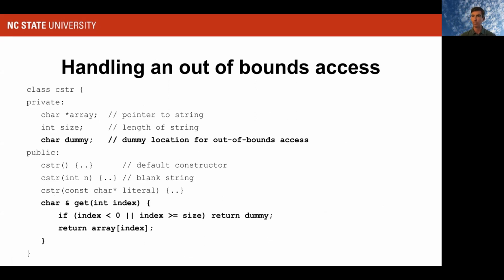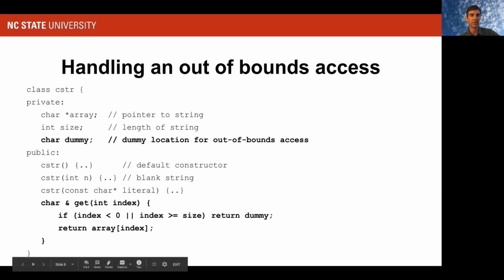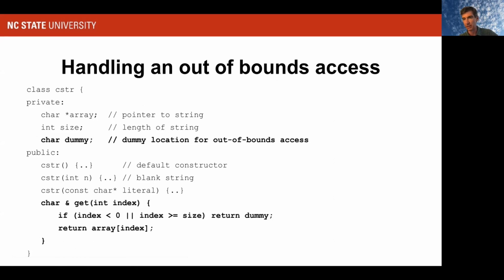But the one other thing I almost forgot is I need to handle out of bounds accesses. If somebody gives me an index that's less than 0 or greater than the size of the array, I want to ignore that and not modify my array. So I do a little trick here. I put an extra field in my object called dummy. You'll note this is private and hidden from the user, so any user of this object doesn't know this is what's happening.